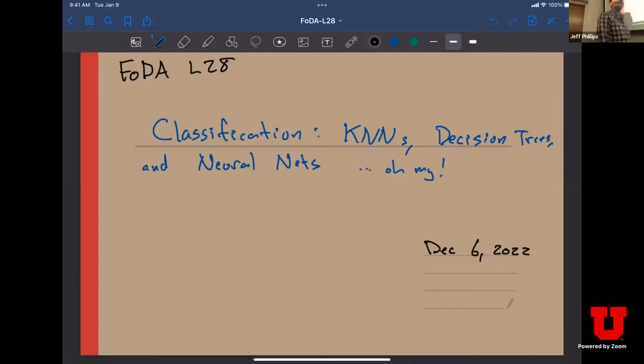Okay, so this is the last lecture of new content for the semester. The plan is to try and go through some important examples of other types of classifiers beyond the ones we've done in class.